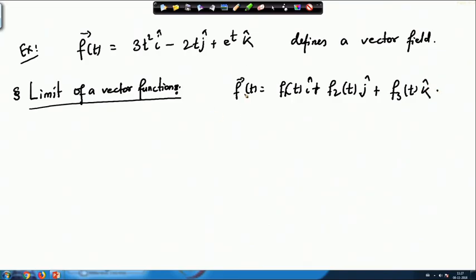When we pass the limit as t goes to t0, some real number, on the left hand side, what would happen to the right hand side? How do we define the limits on f1(t) i, f2(t) j, f3(t) k? The idea is to define the limit in every component.